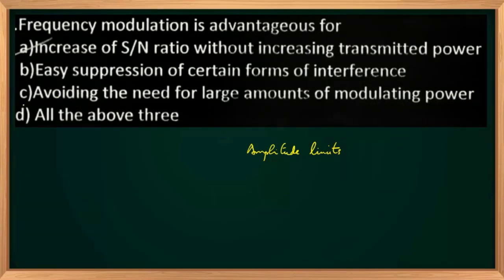Third point is avoiding the need for large amount of modulating power. Since modulating power remains a constant value, it does not need a large amount of modulating power. So the correct option is all the above. All of these are advantages of the FM system.